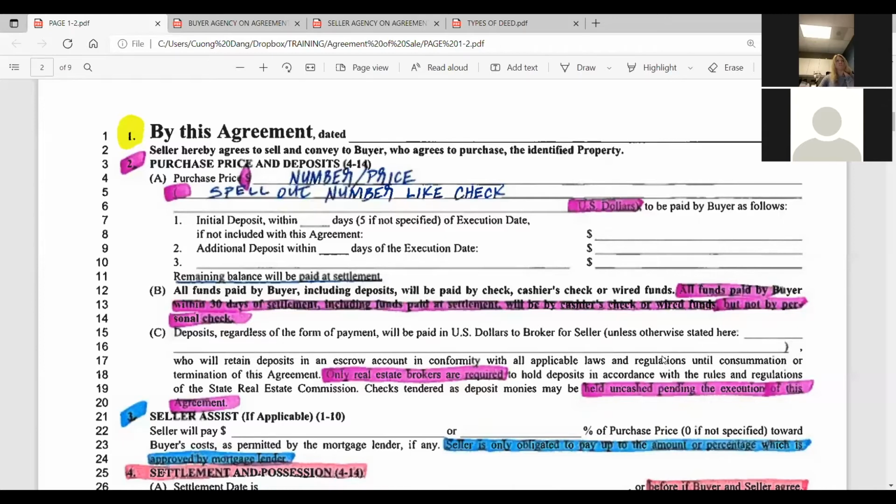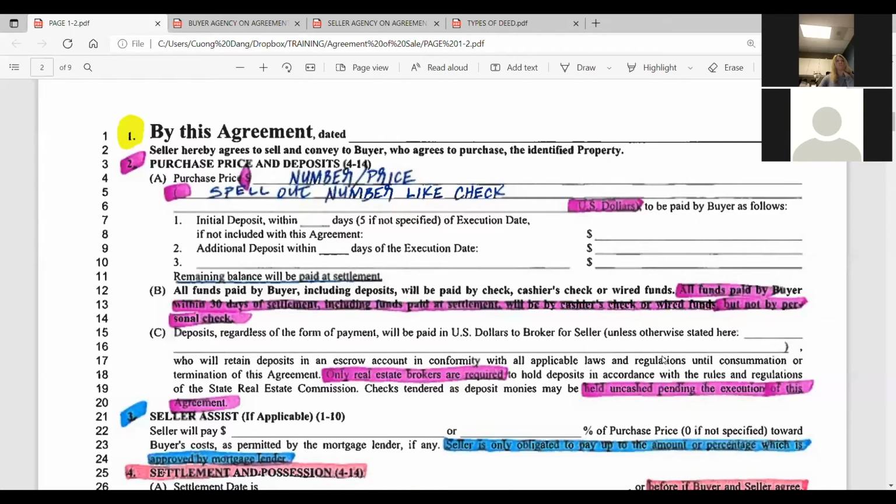And then lastly there, I underlined, remaining balance will be paid at settlement. So again, that's how the seller will be paid, through the deposit and then the remaining funds to be paid at settlement. Okay. B, all funds paid by buyer, including deposits, will be paid by check, cashier's check, or wired funds.